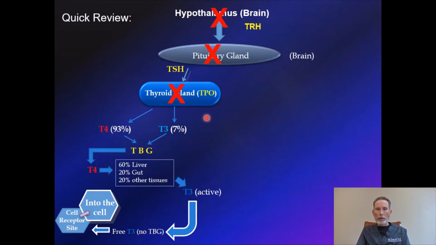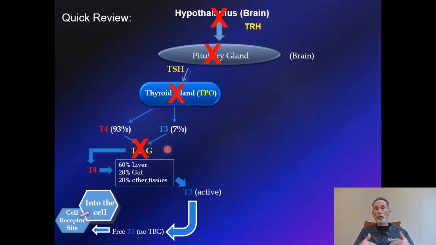We know the thyroid gland produces mainly T4 hormone, that's 93%, and 7% T3, and T3 is the active form. So this has to get converted. In order to get converted, it has to get into the bloodstream and be carried by thyroid binding globulin. So that is the next place where something could go wrong.